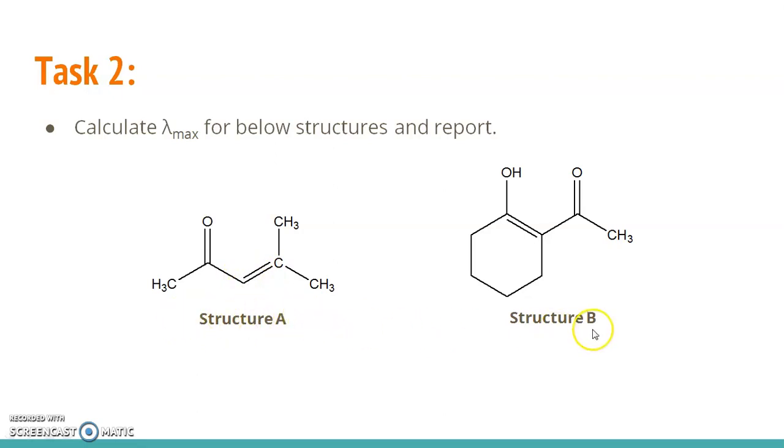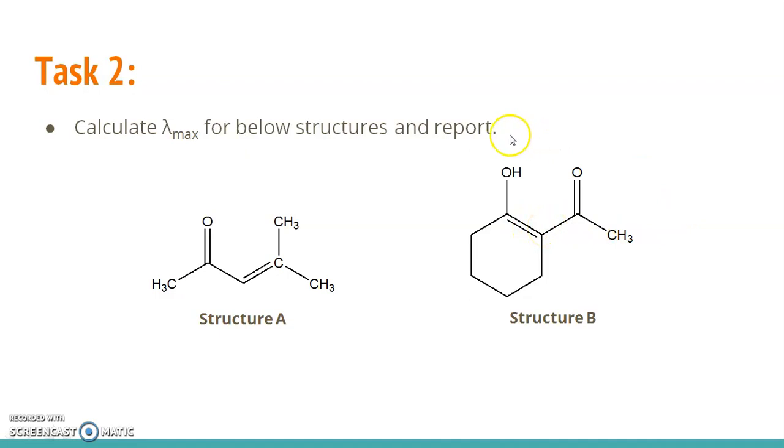Coming to structure B, we need to assign the parent value, wherein this is an alpha beta unsaturated 6-membered ring ketone, or a 6-membered ring which is attached to this alpha beta unsaturated ketone. And since there is involvement of a ring with these two carbon atoms, I expect the ring residues to be calculated.